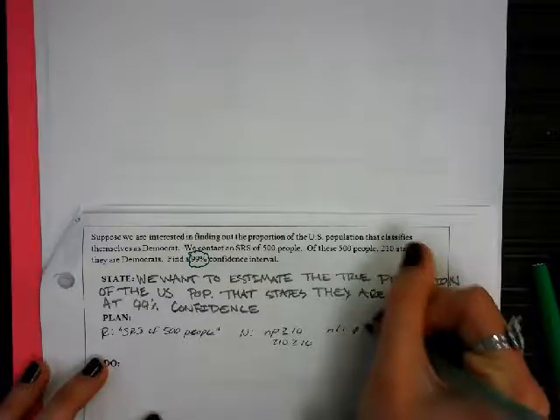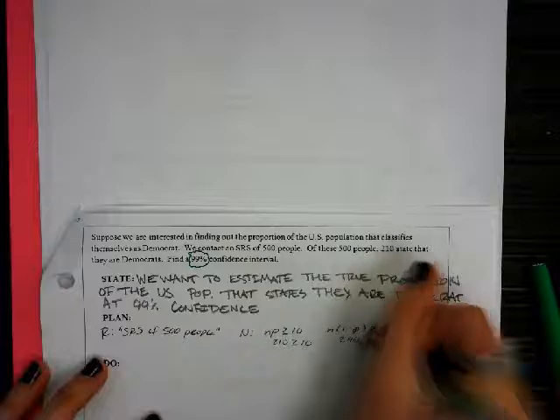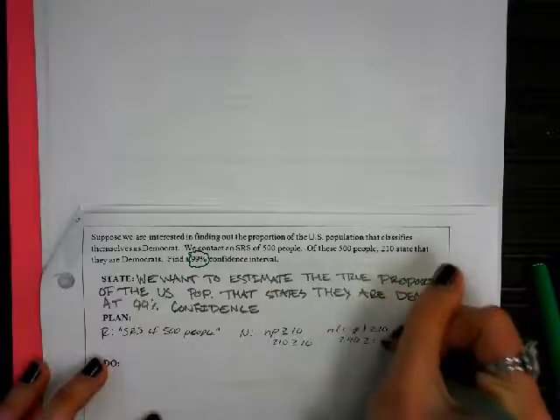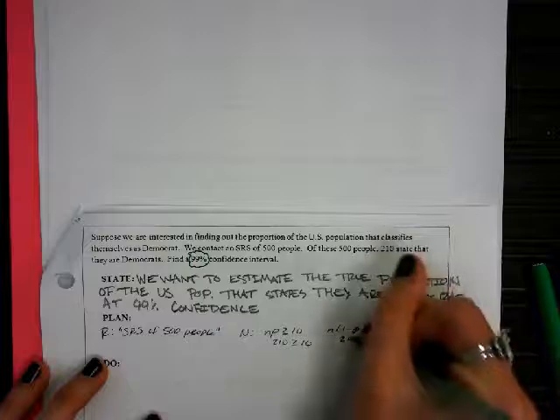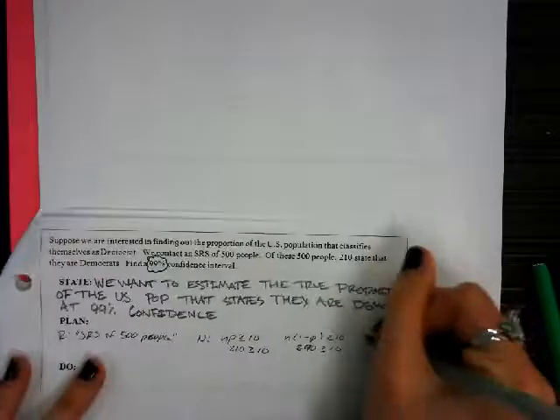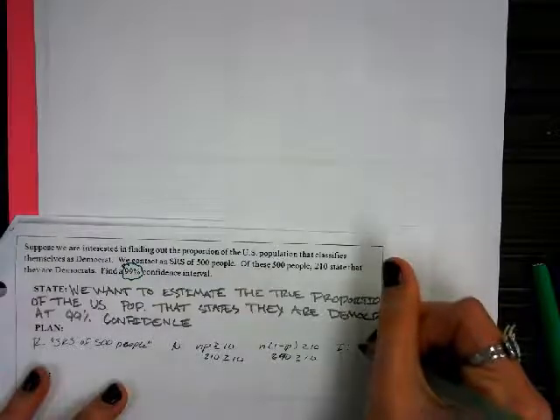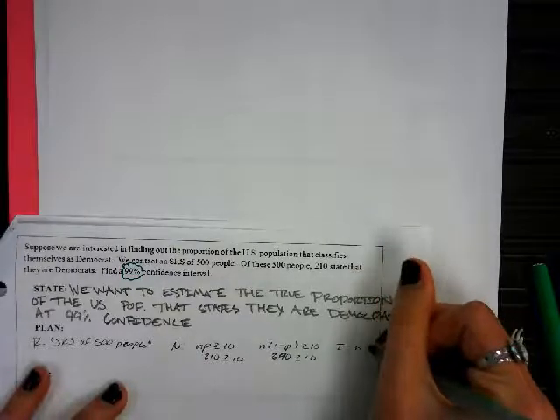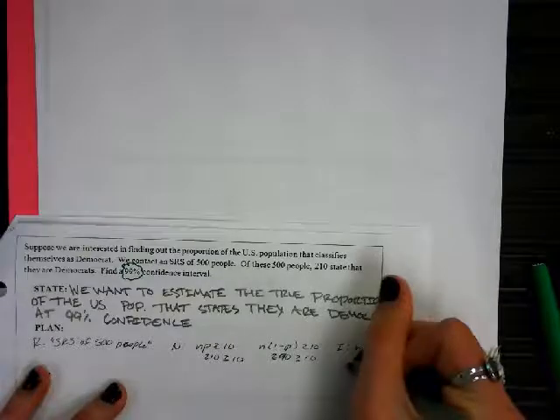For your Z star, you need the confidence. It's 99 plus the 0.5. And then you go to stat, test, and then one proportion.